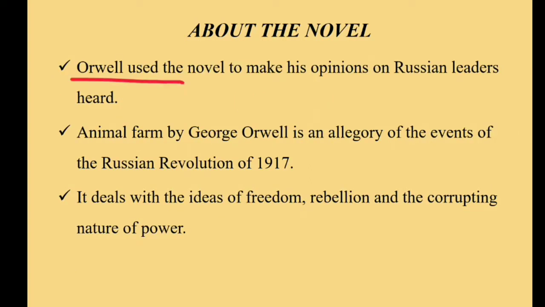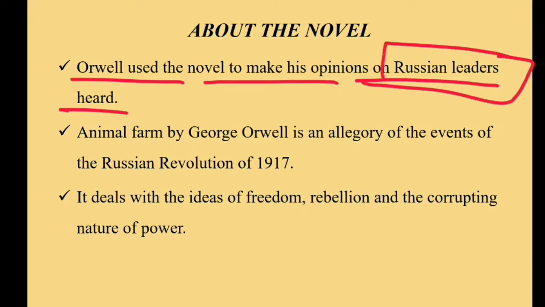Orwell used the novel to make his opinions on Russian leaders heard. Here, through this novel, he wanted Russian leaders who ruled at that contemporary period, okay, to hear his voice also. What Orwell has to say regarding this rebellion, this revolt, okay, his voice should be heard by Russian leaders. That is why he has written this novel.